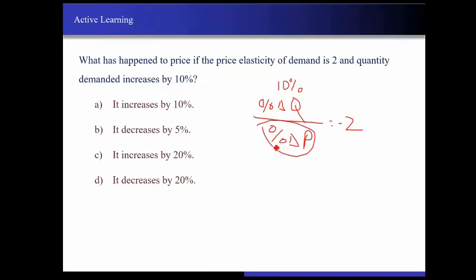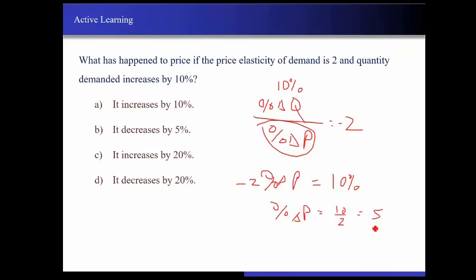If we move this over, we could rewrite this as negative 2 times the percentage change in P equals 10%. So we move that under here. Percentage change in the price is equal to 10 divided by 2 equals 5.